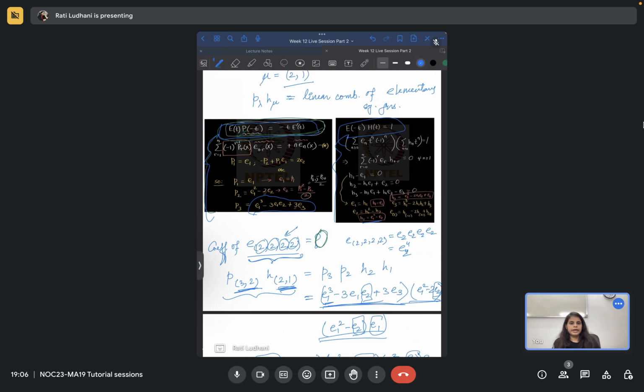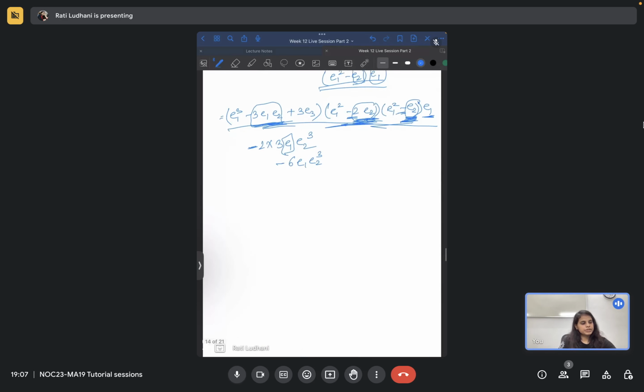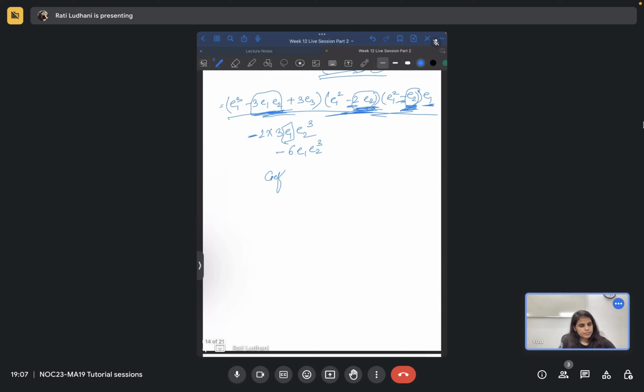At least you can check this way. Otherwise you need to do the product and write P3 in terms of x1, x2 and h2, h3, and you can also try to find the product, but that will be very lengthy. So these are the formulas which can help. Okay, so the coefficient is 0.